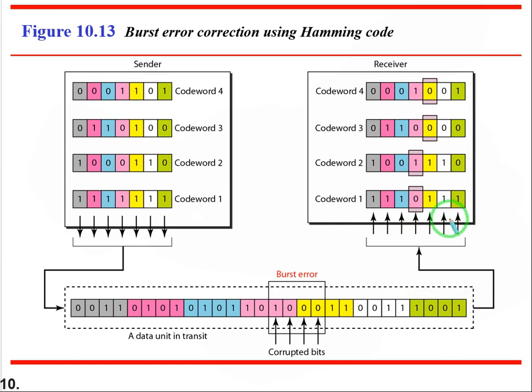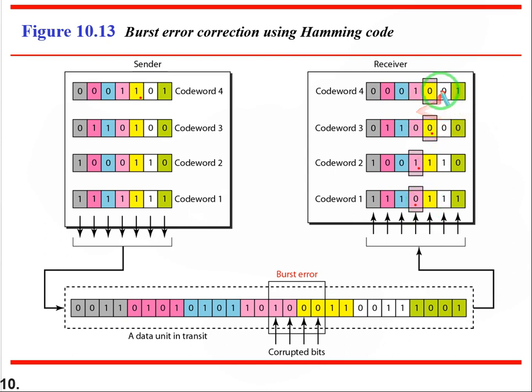If you can see how many bits have changed, this bit was 1 and is now 0, this one was 0 and is now 1, and so on, so 4 bits are corrupted here. Using Hamming code, we can correct this kind of error as well.